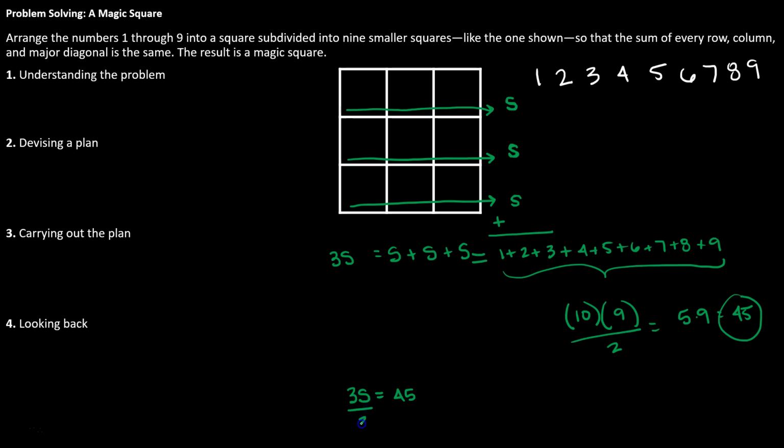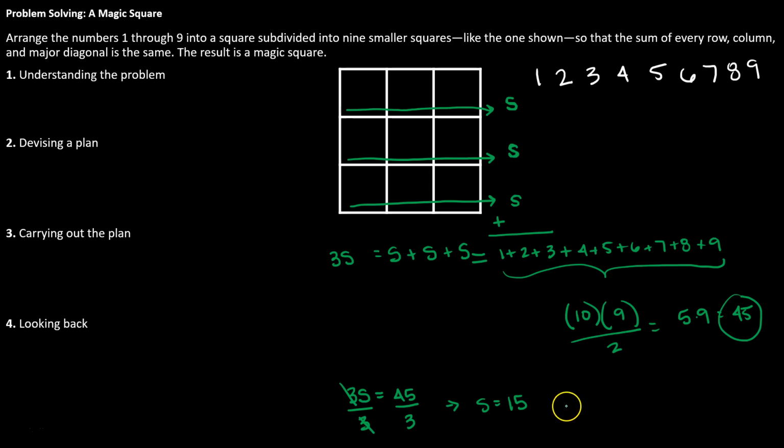So let's find out what that sum is. We'll divide off the 3 so that we can see s is equal to 15. S being 15 is helpful because now we know that we should look for triples, so 3 numbers, that add up to 15. That's going to say don't put 1, 2, and 3 in the same row.